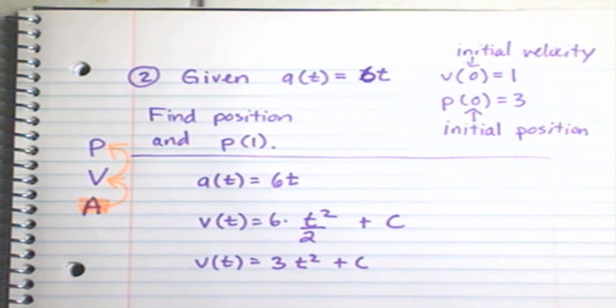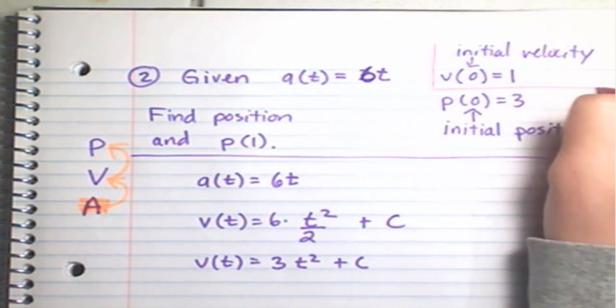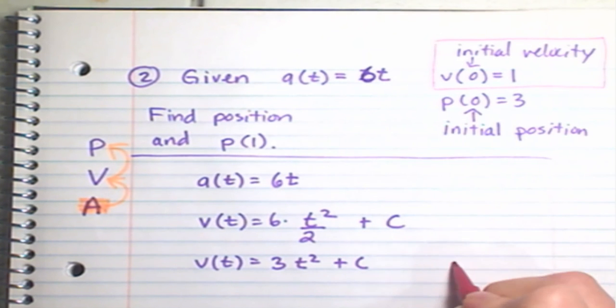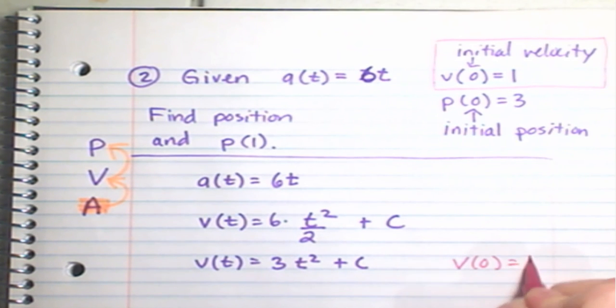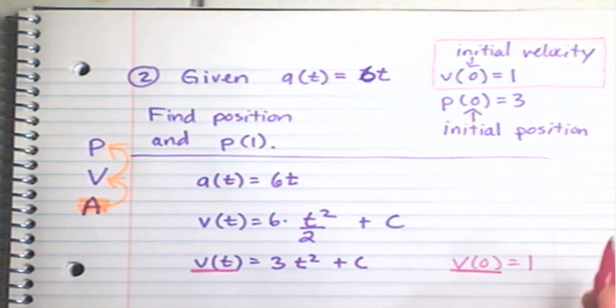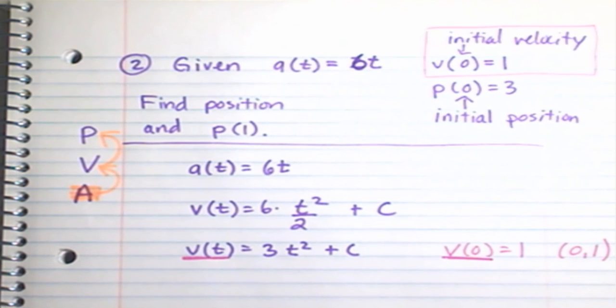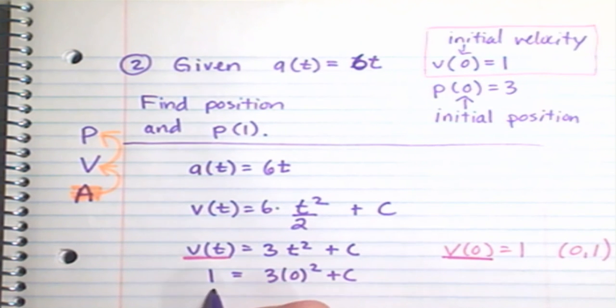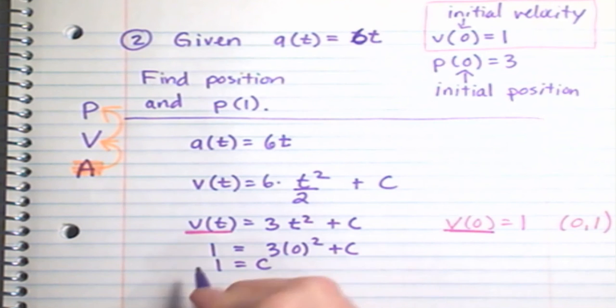Notice here that we have a connecting, see that? These two things go together. Velocity, velocity. Now you can write this as an XY coordinate if that helps. And we're going to plug it in. So 1 equals, plugging in 0 is always nice. Okay, so C equals 1.